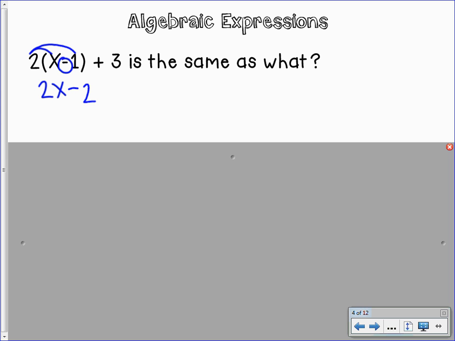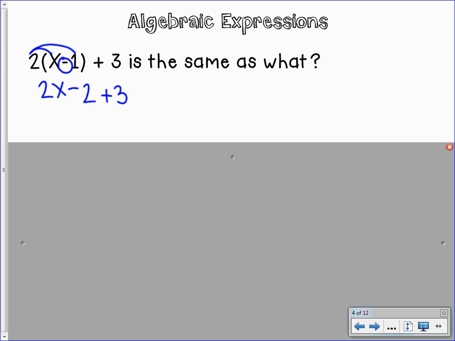You're right, but why did we spread the love to the x and the 1? Because it was in the parentheses. Is that 3 inside the parentheses? No. So this just has to stay the same.